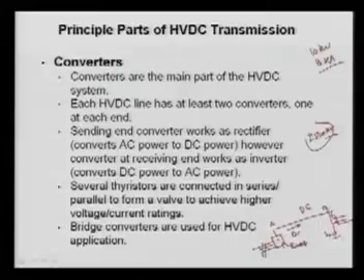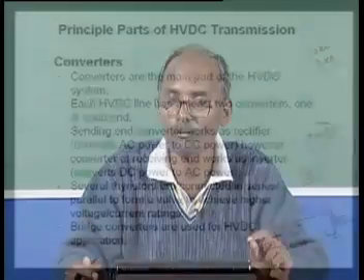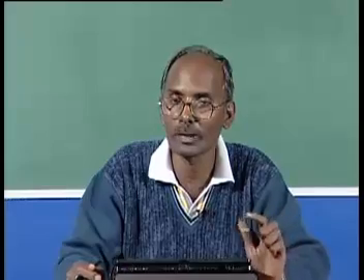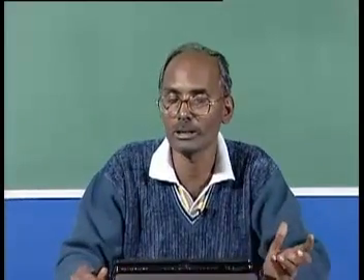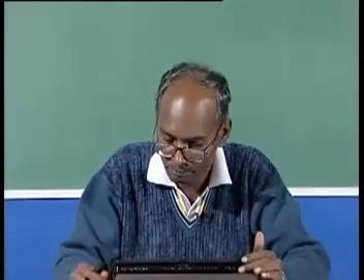So several thyristors are connected in series and parallel to form a valve. Now, whatever I showed before, if I write here in this box, this is your converter circuit, and those converters are used in different legs. Normally bridge converters are used, as they have several advantages over the other configurations.